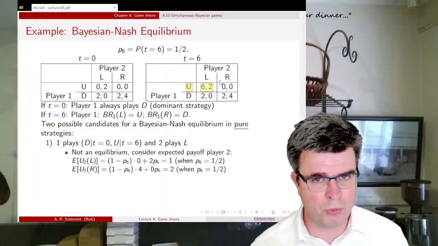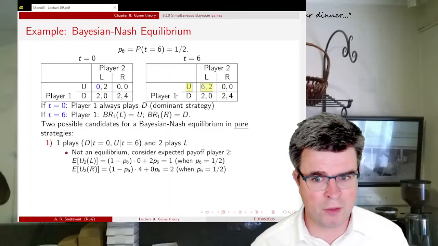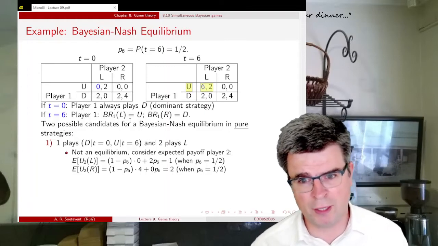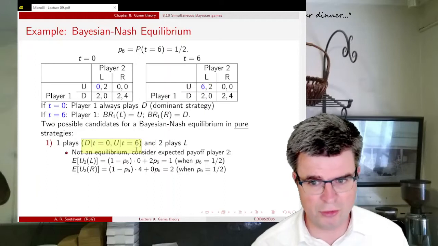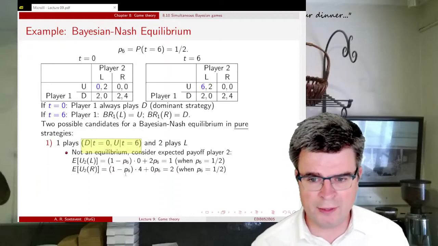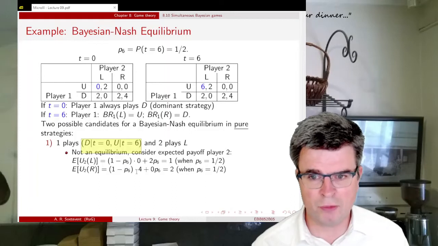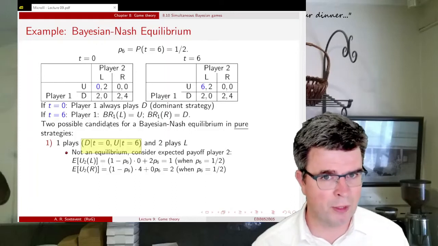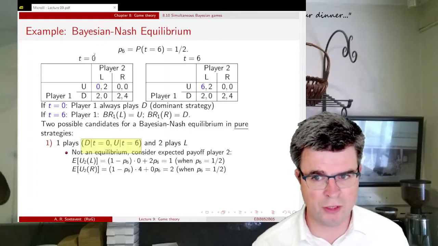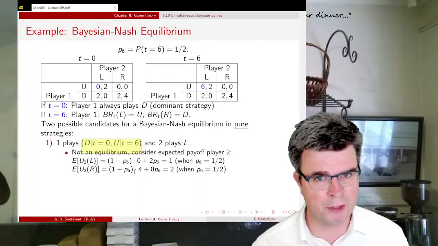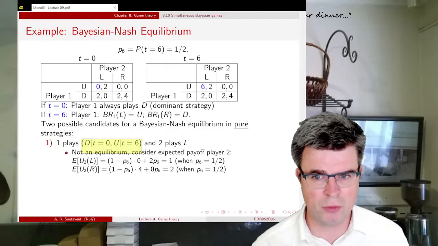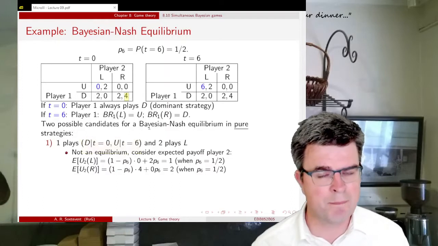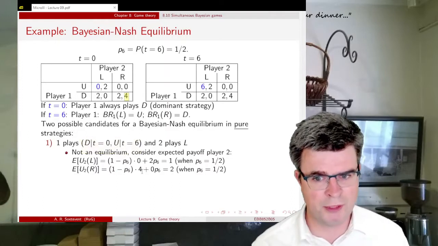Let's compute the expected payoff of player 2 if he plays right, given that player 1's strategy is still unchanged. Well, in that case, he would receive a payoff of 4 if player 1 happens to be of type T is 0, which happens with probability 1 minus P6, because in that case player 1 plays down, player 2 plays right, and the payoff to player 2 is equal to 4.